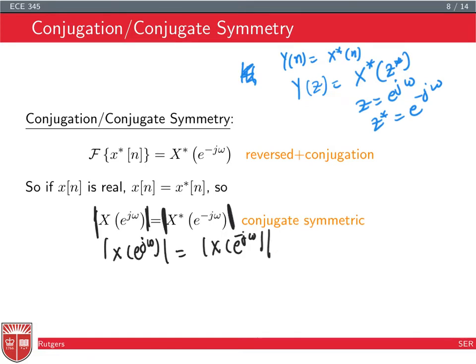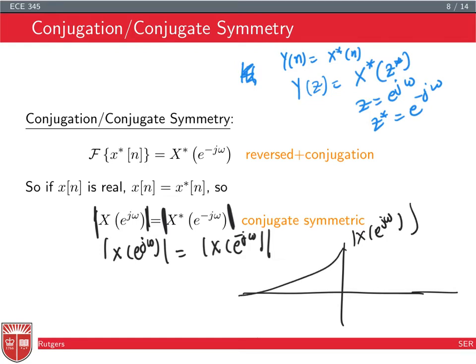And this means that if I draw the magnitude here, then it has to be symmetric around the y-axis, right?